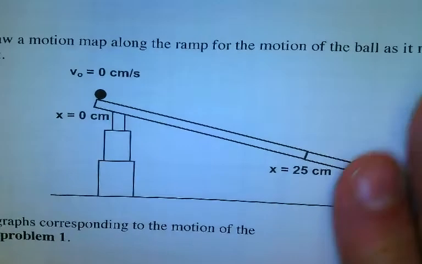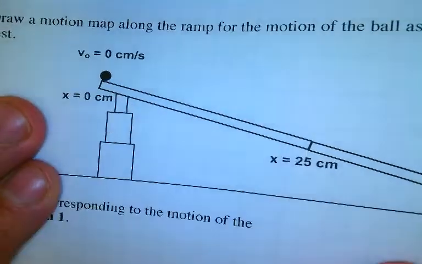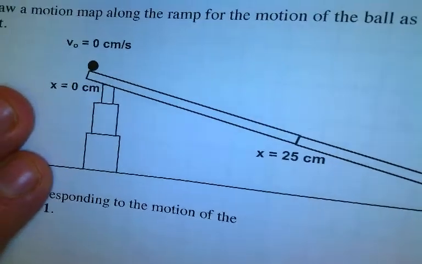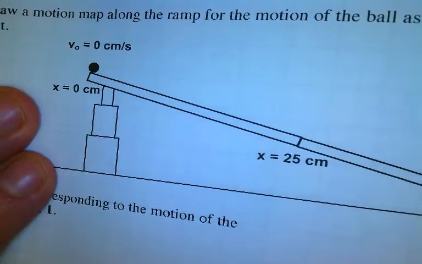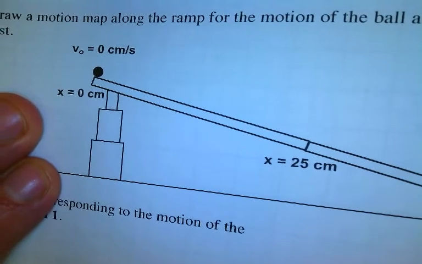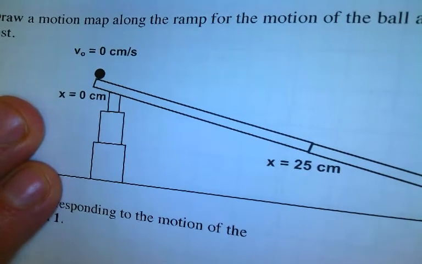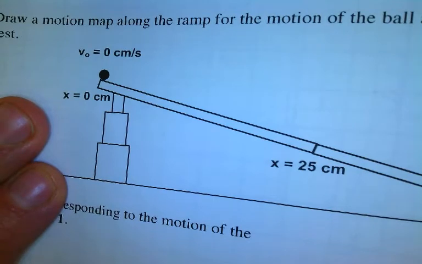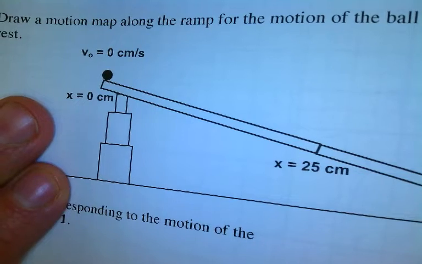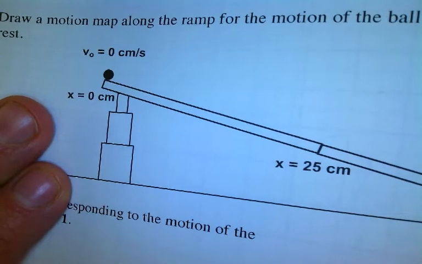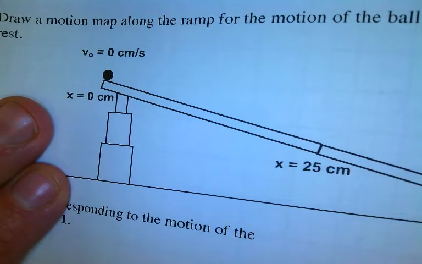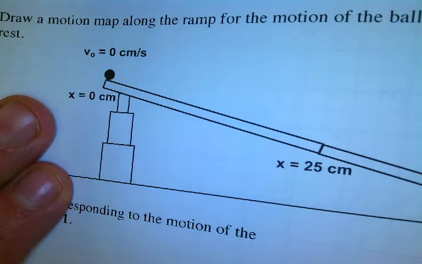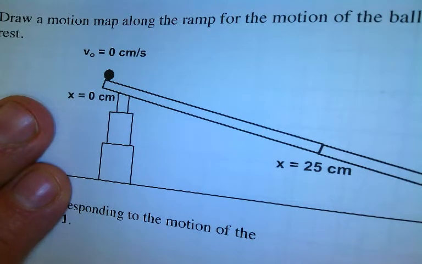You can visualize this because we did this all with the car and the track, right? One of the things I requested last week was to memorize your scenarios. If you haven't done that, put that down on your to-do list tonight. You need to memorize your 6 situations. You need to know the position time graph, the velocity time graph, and the acceleration time graph for every situation.